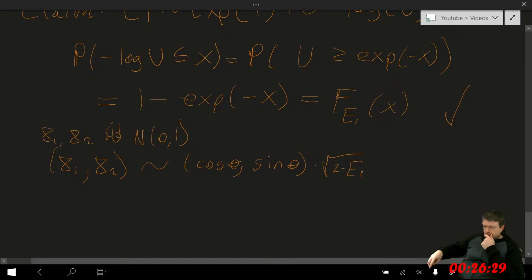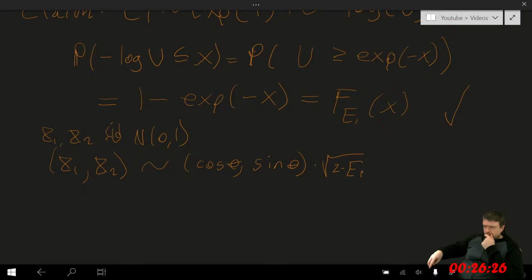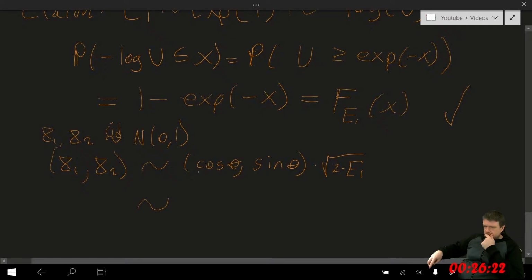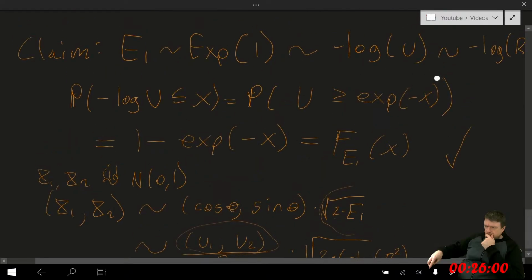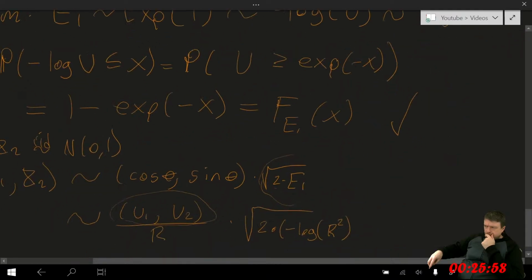And now you can probably see that we can tie all these things together, because we know that cosine theta, sine theta can be written as U1, U2 divided by r. We originally wrote that this pair was equal to r times this pair, so we can just drag r over to this side. We just proved that this factor has the same distribution as the square root of 2 multiplied by minus the logarithm of r squared. That's what we just did up here, because r squared is uniformly distributed.